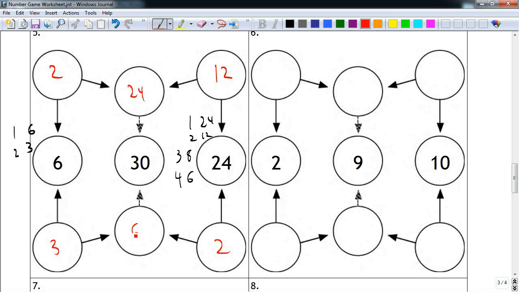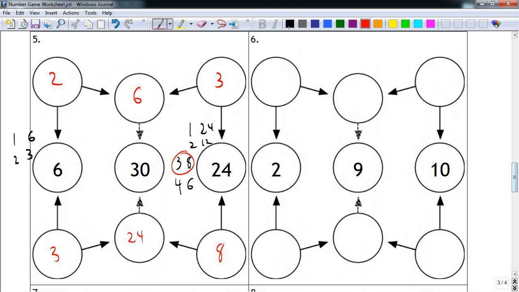I believe I could also do 3 and 8 if I put the 3 here and the 8 here. I'll get 6 and 24 again. So this particular number game has a lot of solutions, and that's okay.